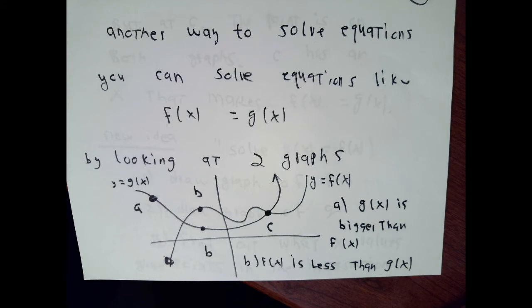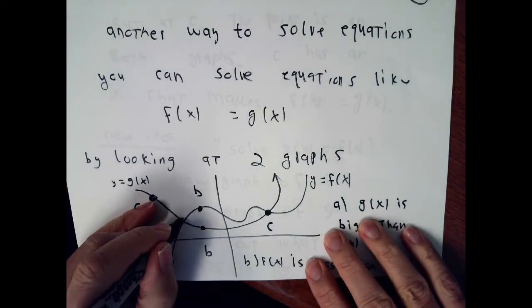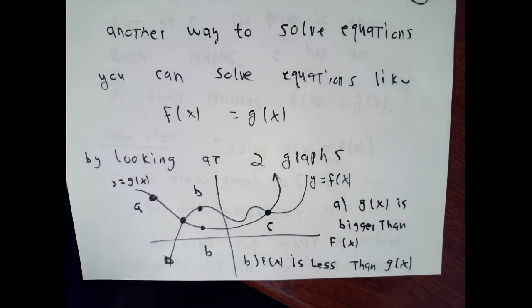If I had a way of finding intersections of graphs, I could locate point C. Its x coordinate will be a solution to my equation. And of course, there is another solution. It's whatever x coordinate goes with that spot.